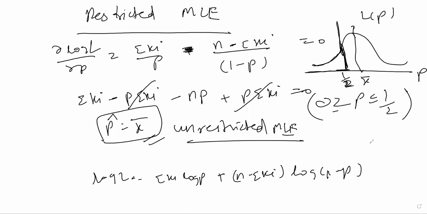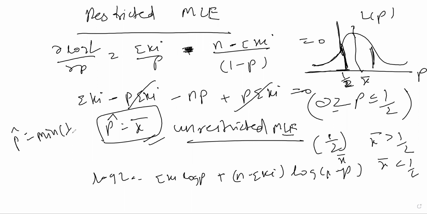If x bar is greater than half, then the MLE will be half. And if x bar is less than half, then the MLE will be x bar. Therefore, the MLE is the minimum of half comma x bar.